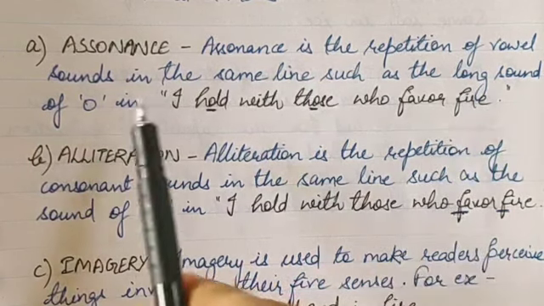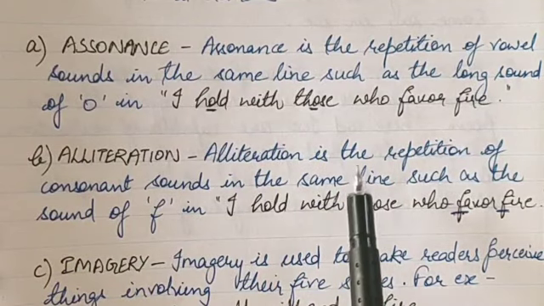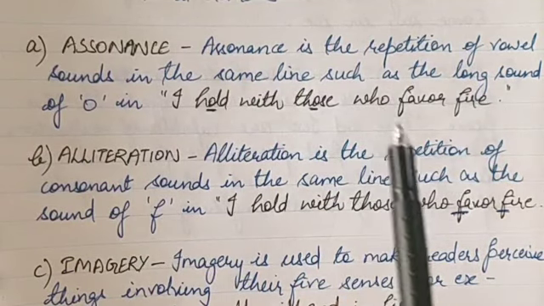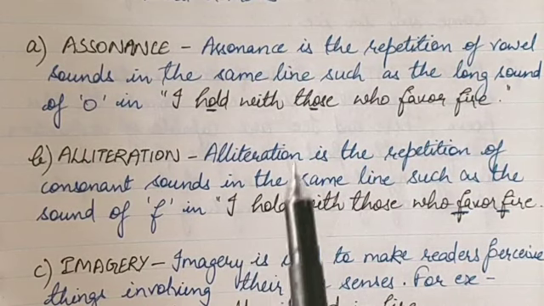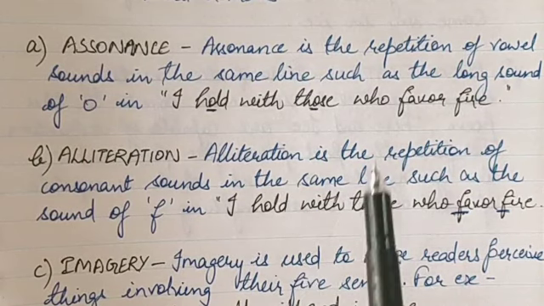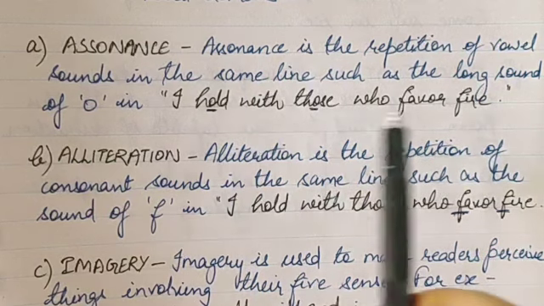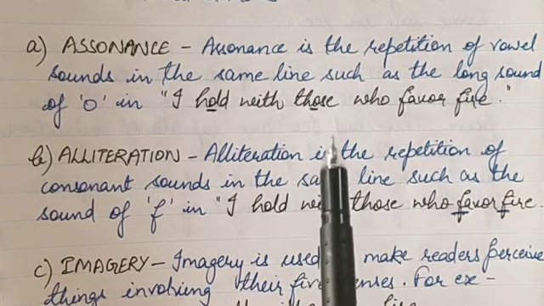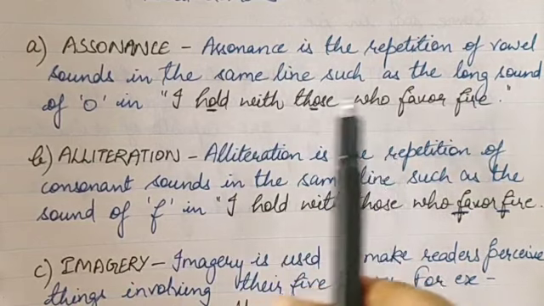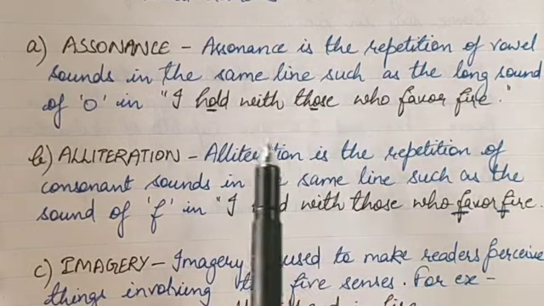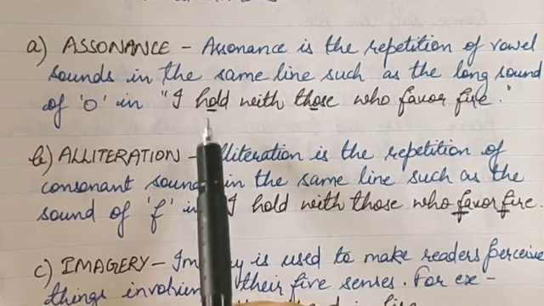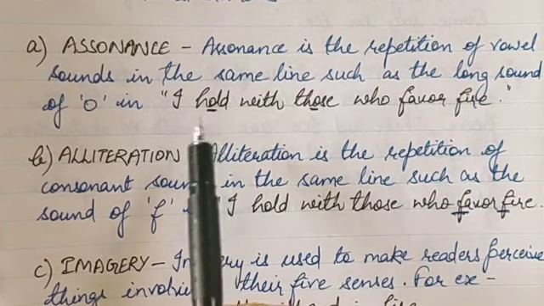It is not necessary that the vowel sound will come at the beginning of the word. It can be anywhere, but two or three words should have the same vowel sound.